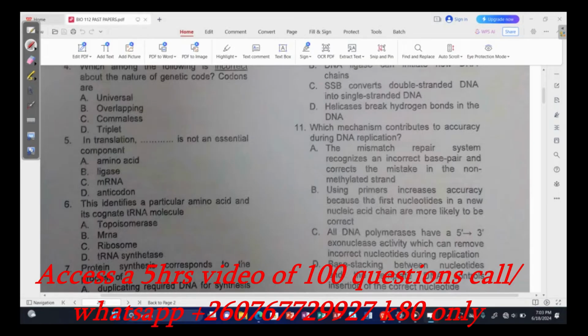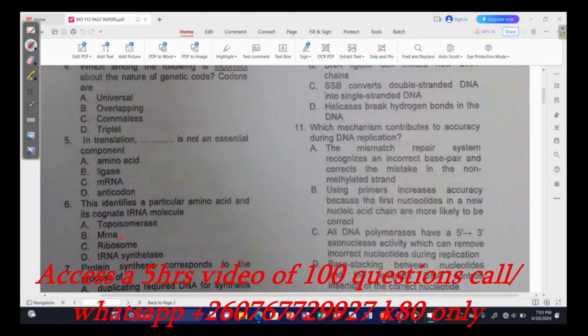So what identifies a particular amino acid and its cognate tRNA? This is a specific tRNA that can pick that particular amino acid. So option A is saying topoisomerase. This is an enzyme which is found where? In DNA replication. So we don't need it during translation.